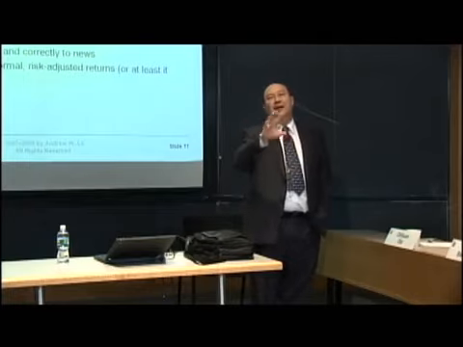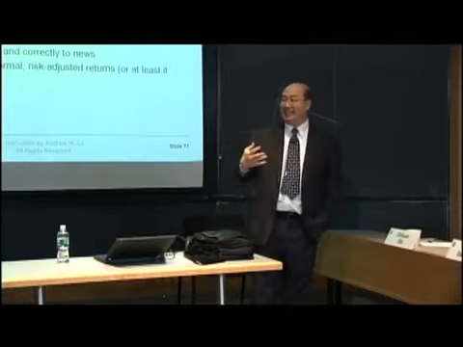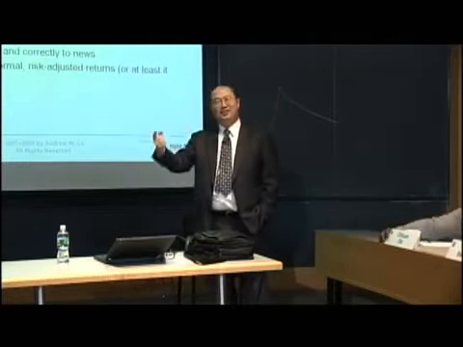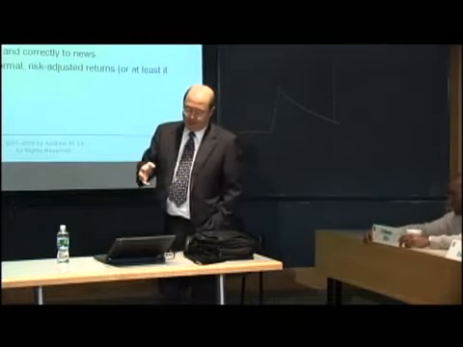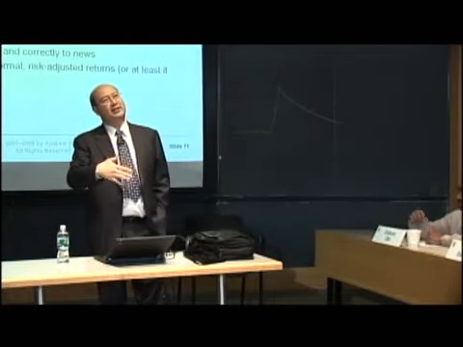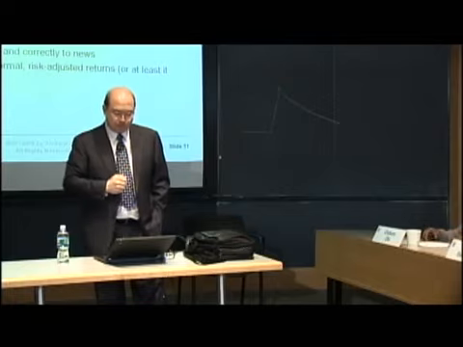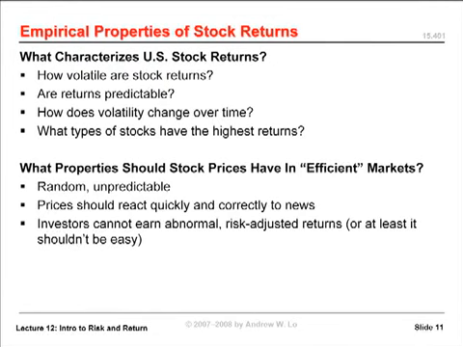But in a minute, I'm going to try to make that a little bit more clear by looking at the alternative of predictable. So let me come back to that point. The second property that I think you'll agree is a reasonable one for us to expect is that prices should react quickly to new information.